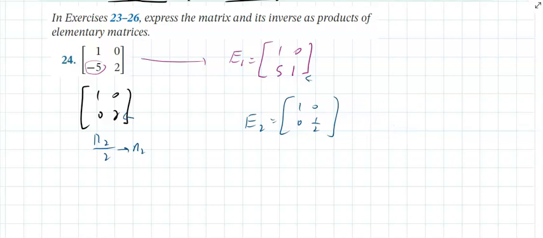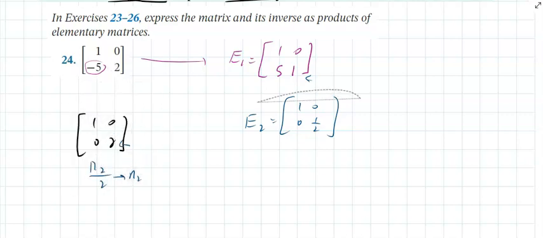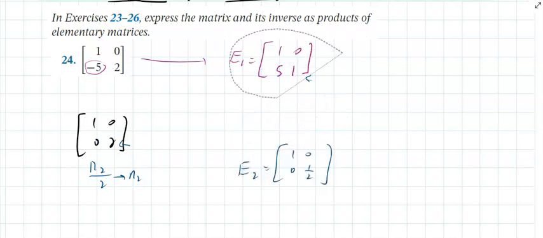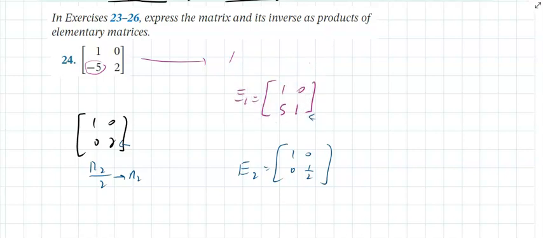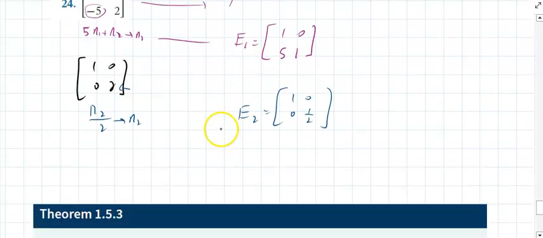So the first operation was take negative 5 row 1 plus row 2 and put it in row 2, and that will yield this, and there's E2, and that should be it, because if you do the actual division, you will get a 1, 0, 0, 1.